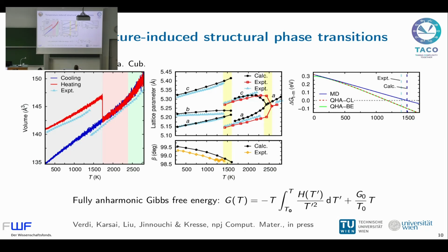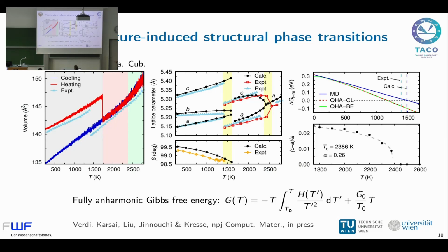And then when we calculate the fully anharmonic Gibbs free energy, we get an estimate that is in better agreement with the experiment, at least at this level of DFT description. And then for the tetragonal to cubic transition, that's easier because this is more of a second order transition.